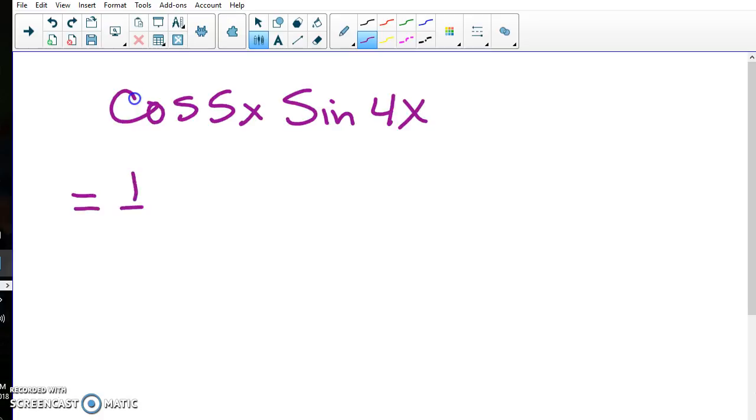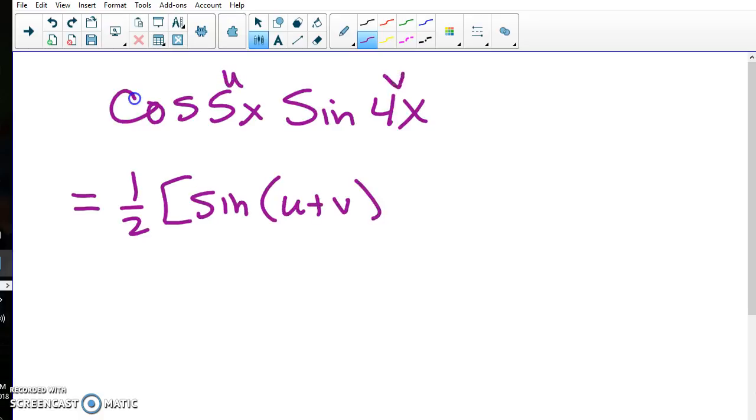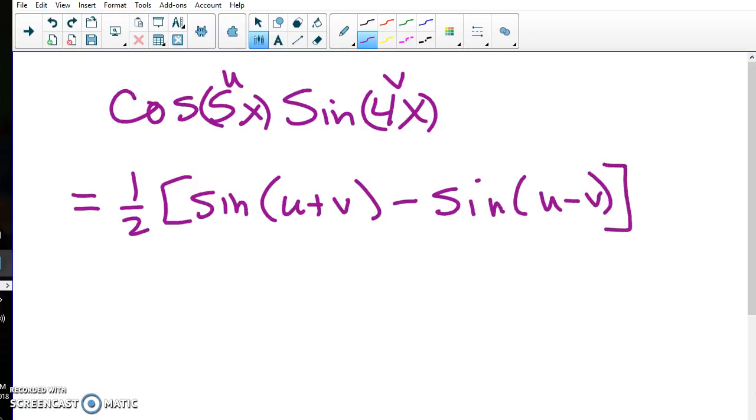This is the formula. 1/2 times the sine of u plus v, and we're going to get our u here and our v here in those algebraic expressions. So 1/2 sine u plus v minus the sine of u minus v. We're just going to start plugging and chugging. So here we go.